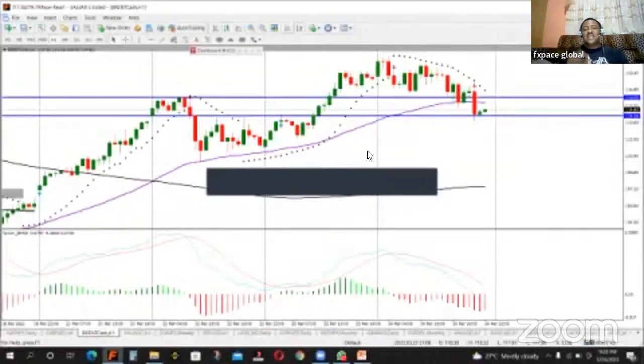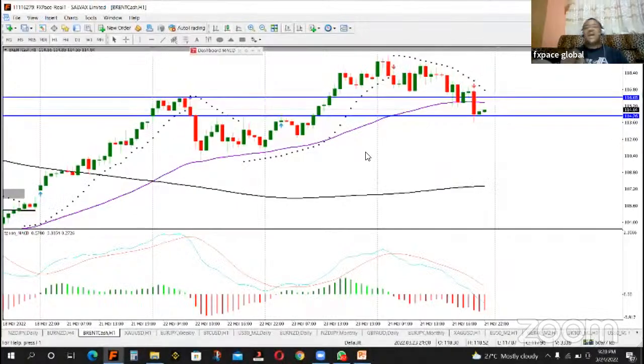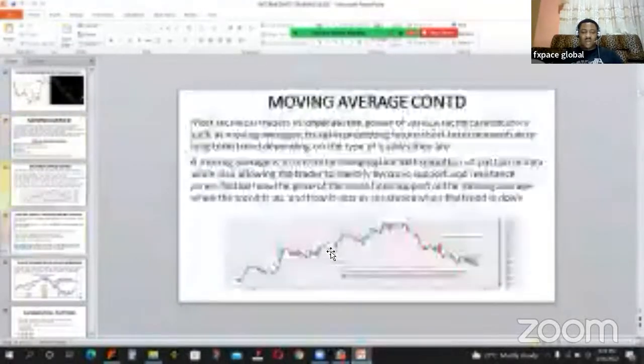A day trader's moving average is quite different from a swing trader's. And a swing trader's moving average is different from a position trader's. You must have this at the back of your mind so that you understand what we are talking about.